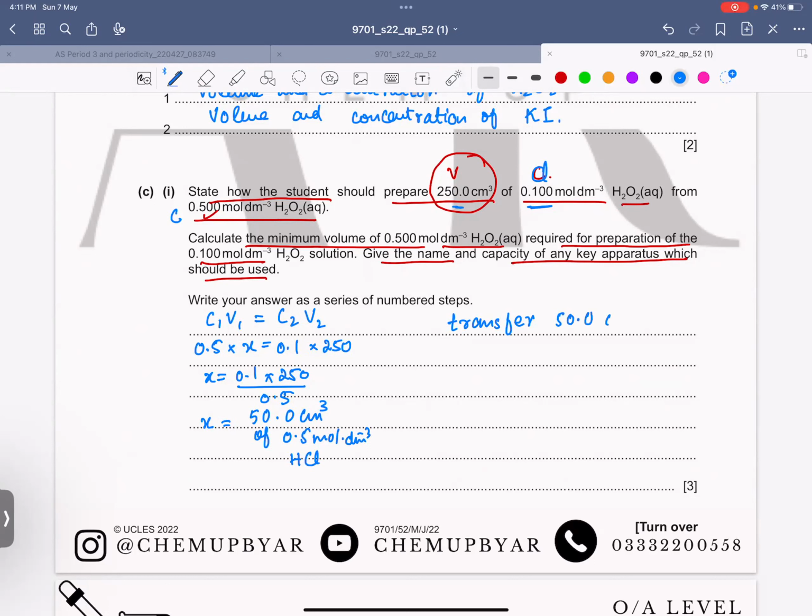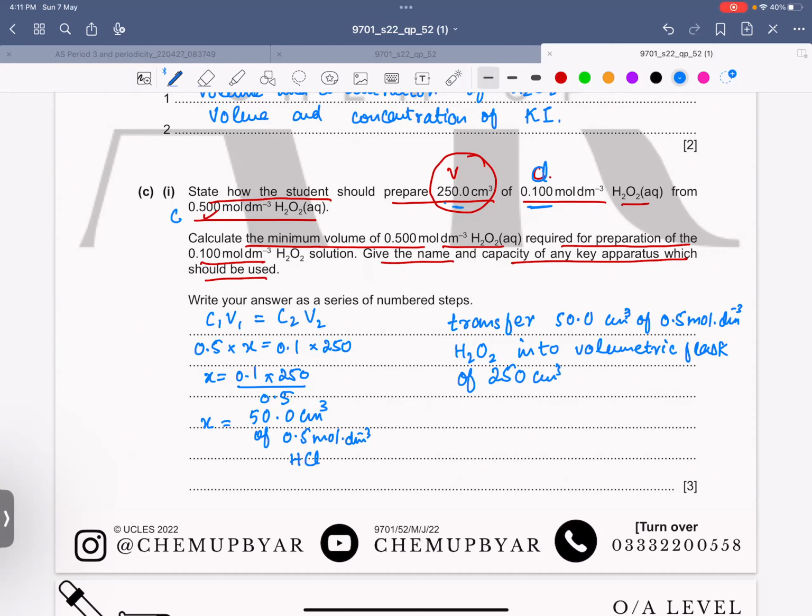Transfer 50 cm³ of 0.5 mol per dm³ H2O2 into a volumetric flask using a burette. Okay, one minute, into a volumetric flask of 250 cm³, right?